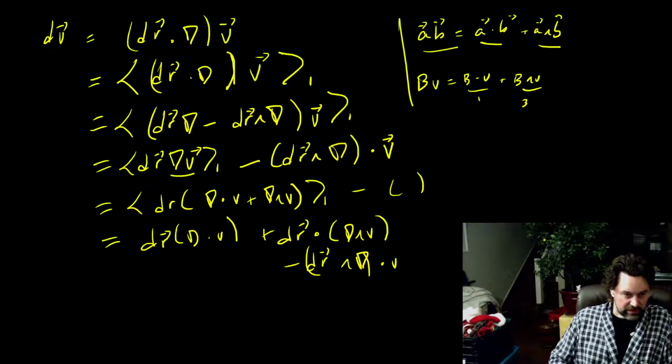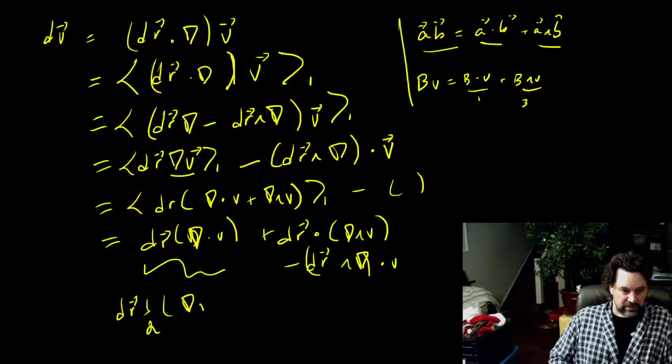So this guy here, we have a grad dot v term, which is a symmetric product of the gradient and the vector, which is a scalar, and we have multiplied by dr. And if we are just to write out this guy, that is dr times 1/2 of grad v plus v grad, where grad operates bidirectionally.